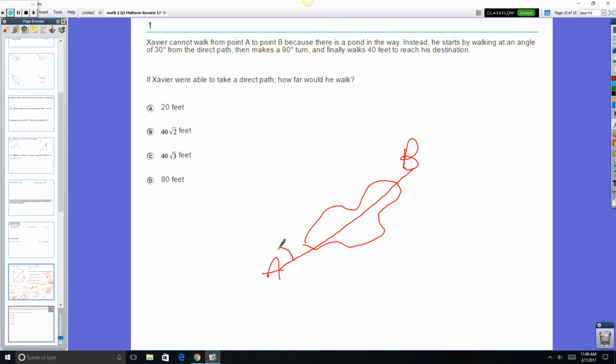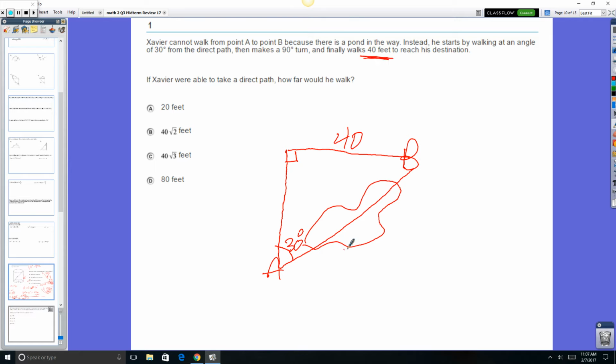He's going to open up 30 degrees and start walking around the pond. Then he's going to make a 90 degree turn and head to B that way, so there's your 90. Finally he walks 40 feet to his destination. So after he makes the turn, the distance from the turn to B is 40.